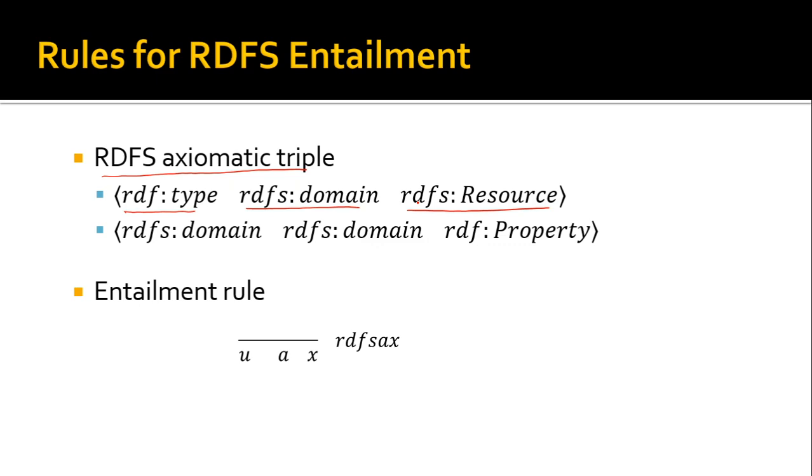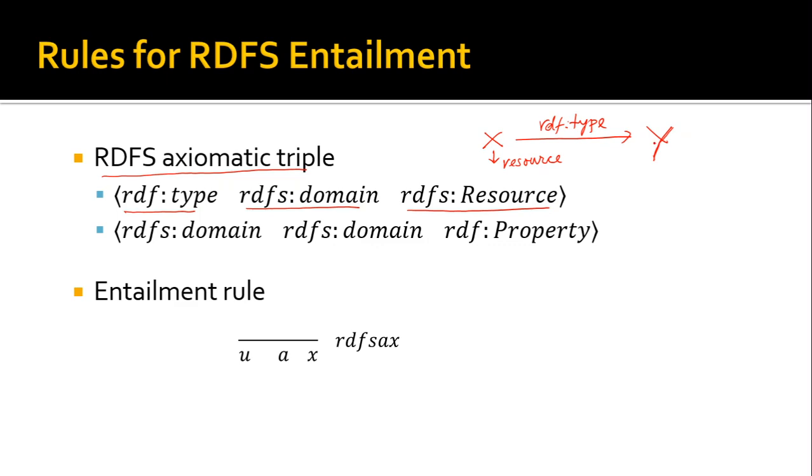What do we mean by that? When we say that X has RDF type Y, what do we mean? This X is a resource, and it is becoming an instance of another resource, which is Y, right?